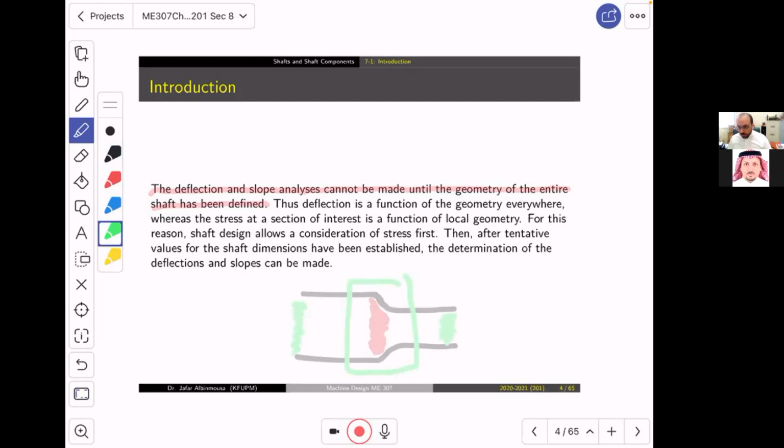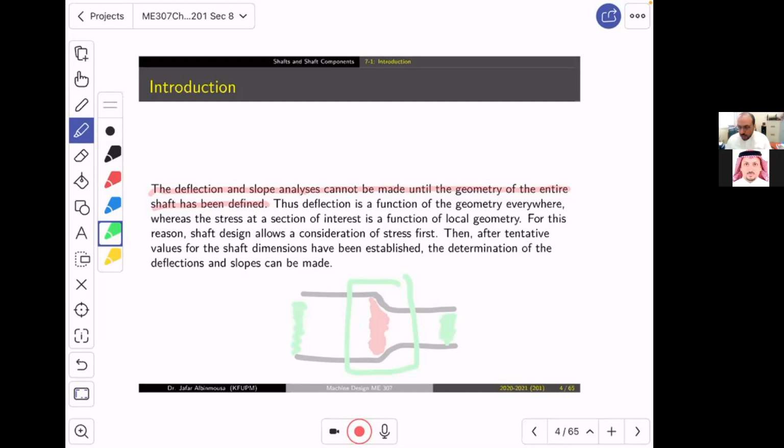Locally, we have a problem. However, deflection is different. Deflection tells you, I need to know the entire diameter of the whole thing, and then I will tell you how I am going to deflect. You change something far away in the right end, you get different deflection in the left end.